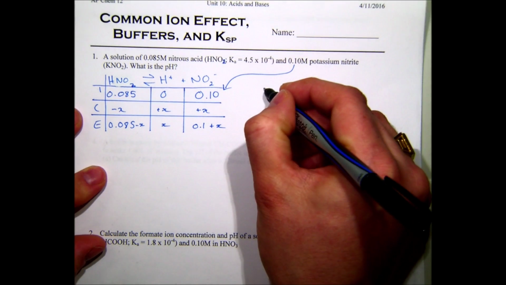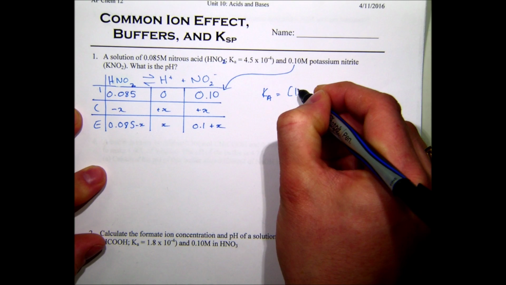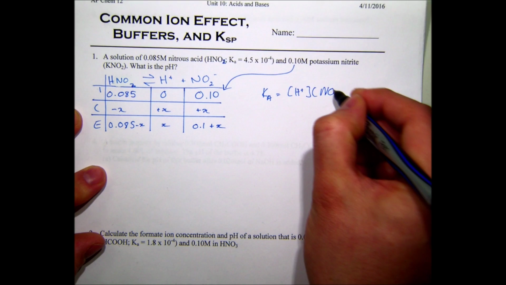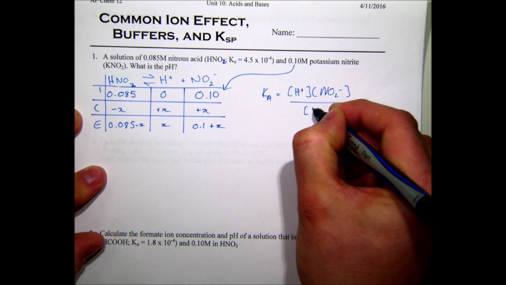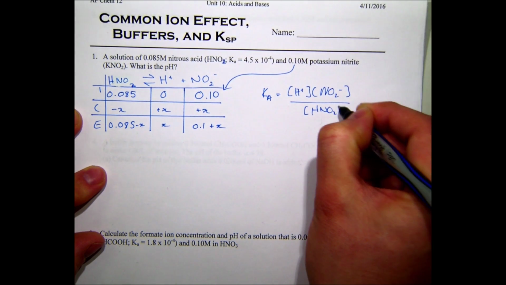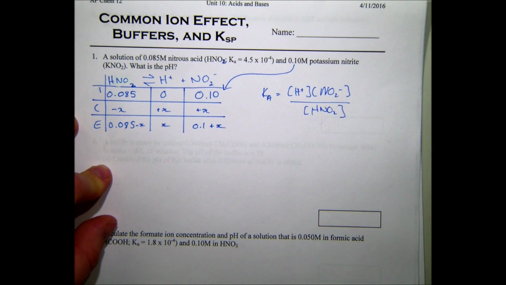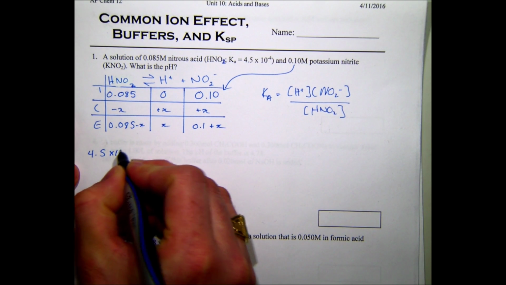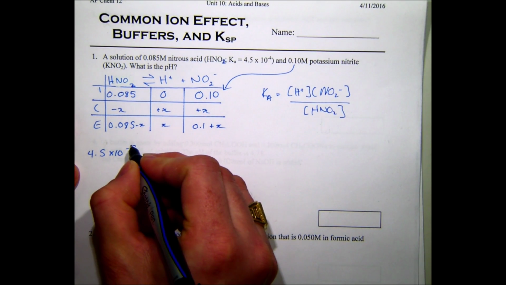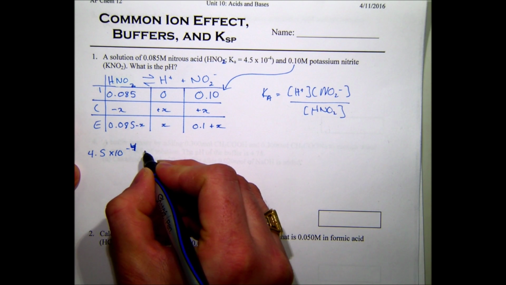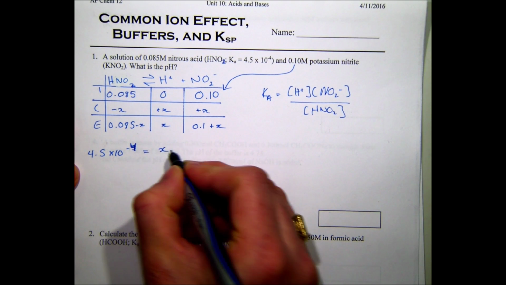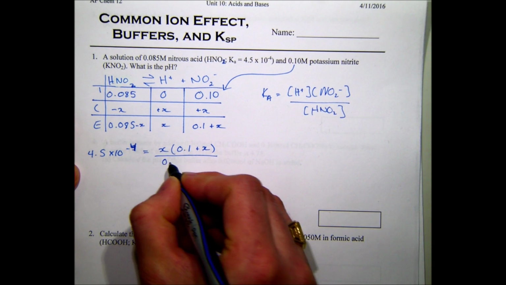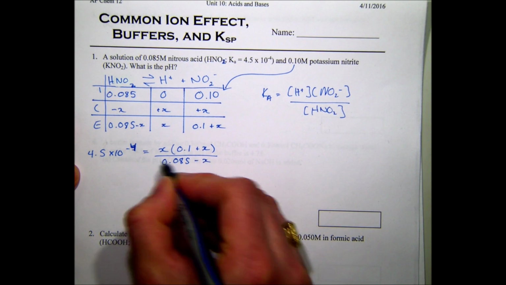Now, we know that the Ka is equal to the concentration of H plus times the concentration of nitrite over the concentration of nitrous acid. There's our Ka expression. So we're going to substitute in what we need. 4.5 times 10 to the negative 4 equals x times 0.1 plus x all over 0.085 minus x.